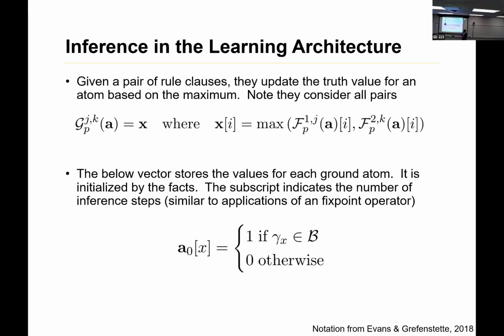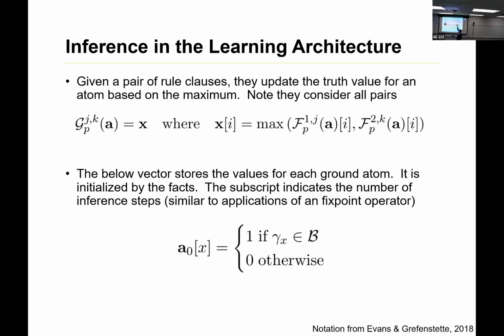What these two Fs are doing is, for two of those clauses, one from the first template and another from the second template, because we're going to pick one per template, they compute what one step of the inference process will conclude.